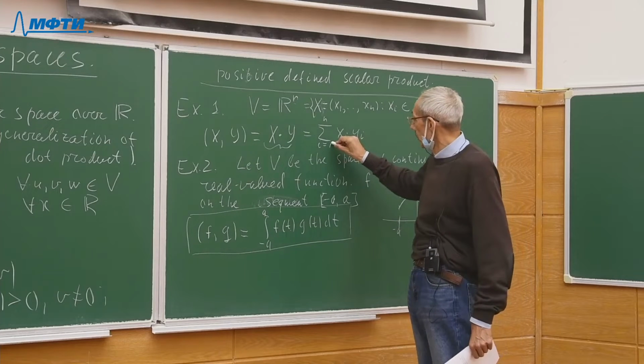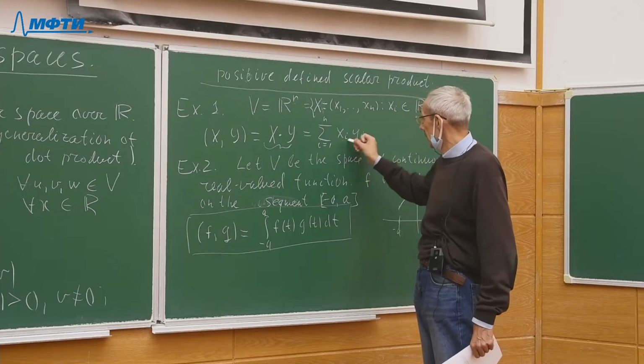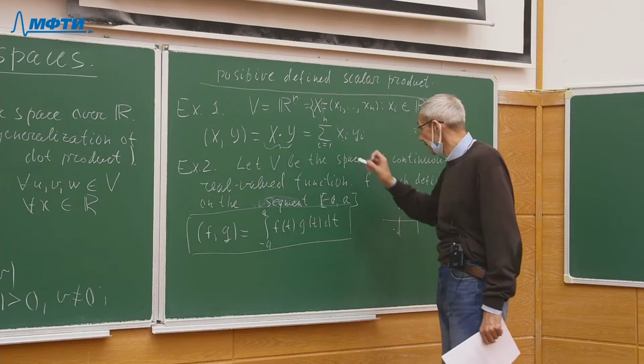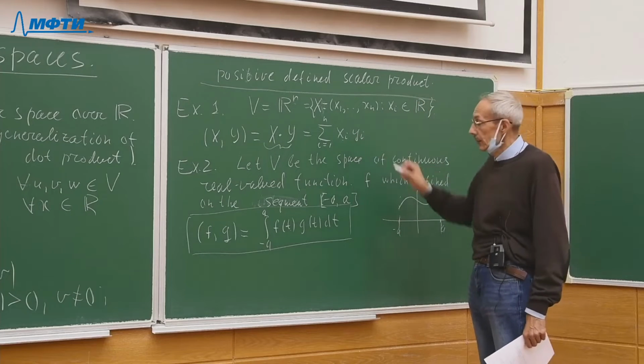In this formula we have a sum, and we have a finite number of coordinates.